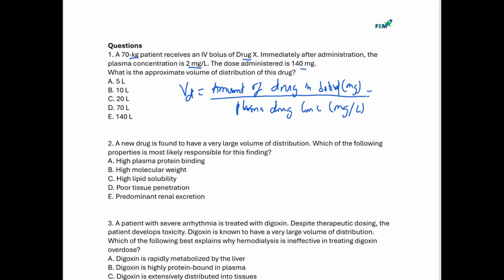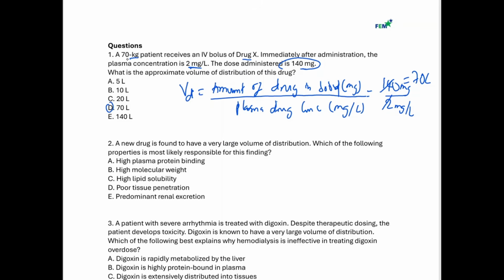From the question, the amount of drug in the body, which is the amount of drug that we administer, is going to be 140. And the plasma concentration after administration is 2 milligram per liter. When we divide this, they're going to be 70. So that's going to give us 70 liter. So the best answer there will be D.